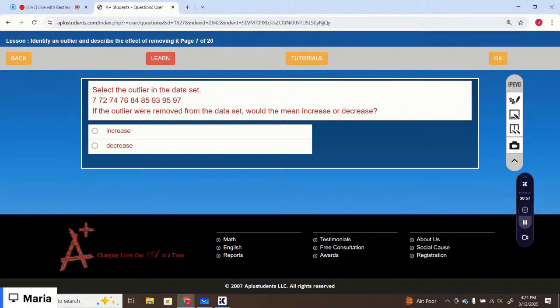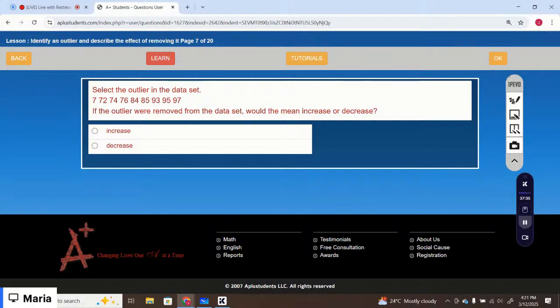Select the outlier in the dataset. That is 7.